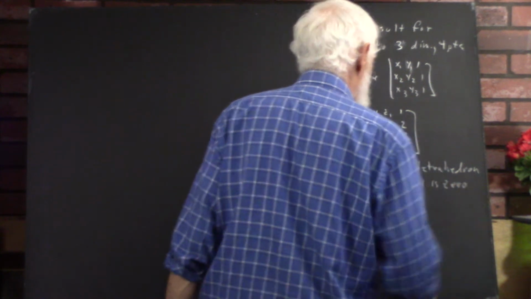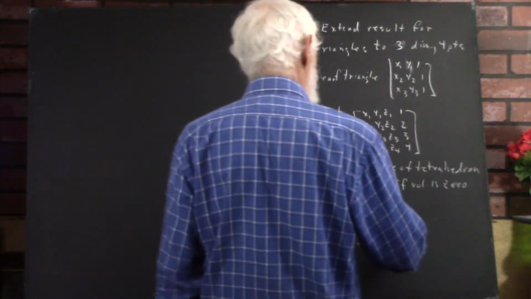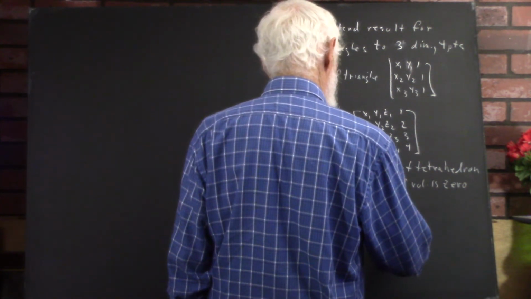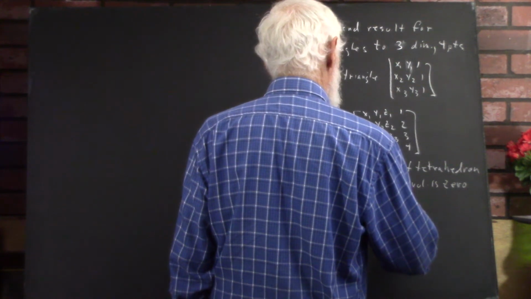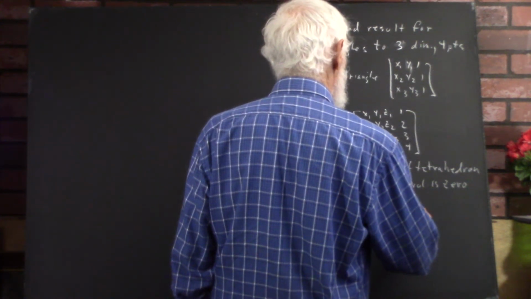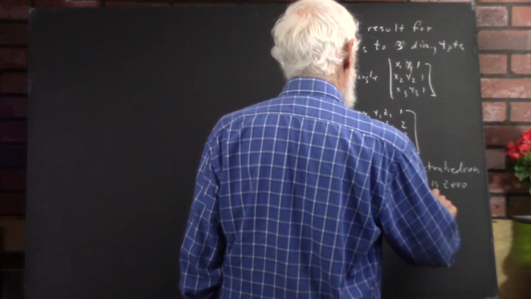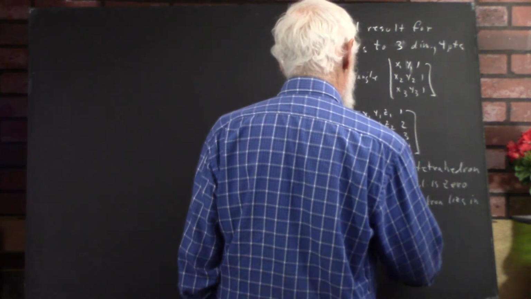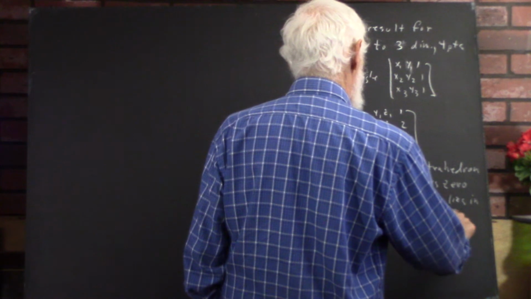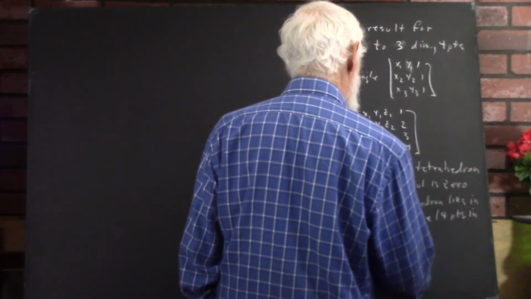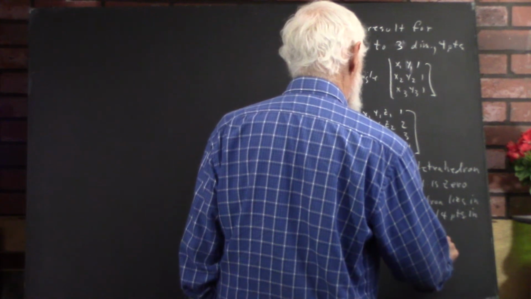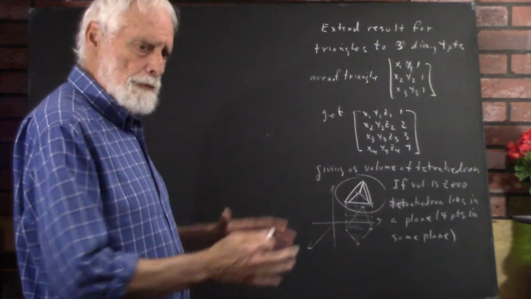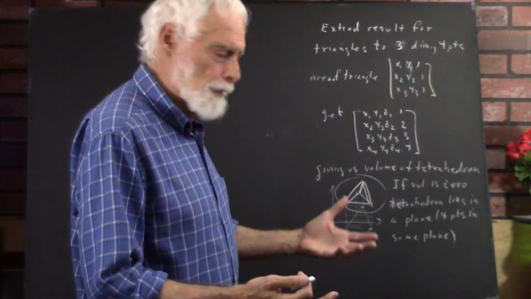So if the volume of the tetrahedron is 0, this is analogous to having the triangle of zero area.